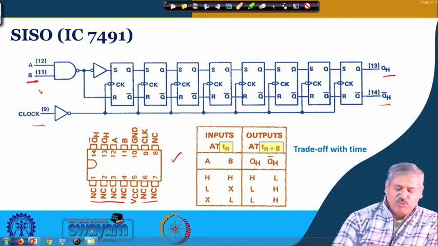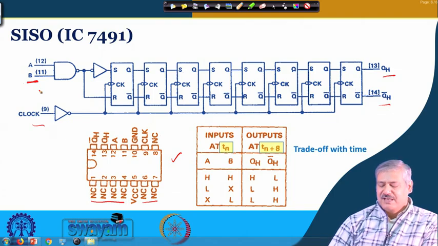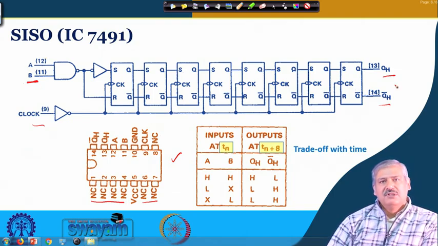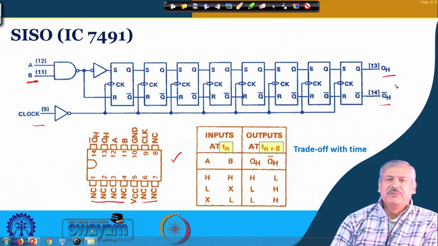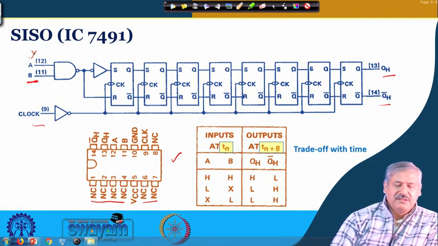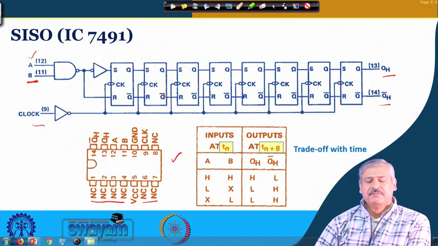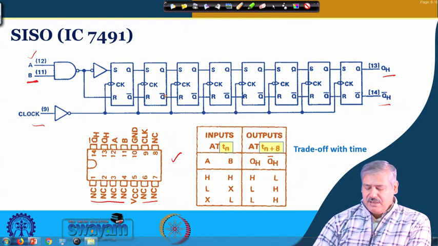So, when B is 1, B is high, then whatever is the change in A, that goes to the flip flop. I mean, the flip flop is loaded accordingly, according to the variation in A. Okay. And if B is 0, then it is all 0 that is coming over there. Is it fine? Right. And you see that there is no asynchronous reset as such, asynchronous clear.